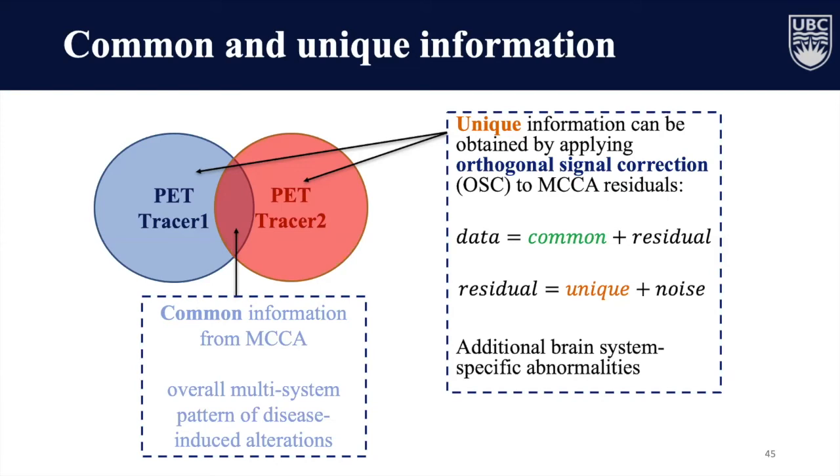The input data can be decomposed into the common information between the two tracers and the residual. We then further decompose this residual into unique information that still remains within each tracer data set, and noise. This unique information reflects additional brain system specific abnormalities.